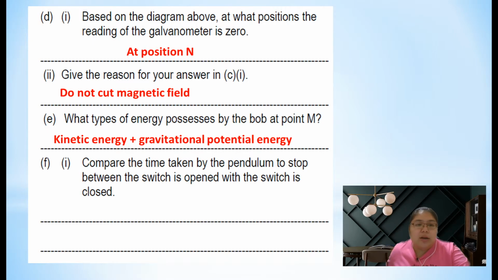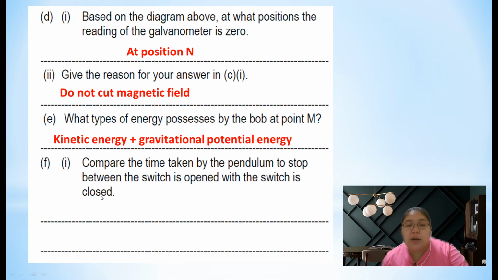Okay, compare the time taken by the pendulum to stop. Now we compare the time taken by the pendulum to stop between when the switch is open and when the switch is closed. That means you need to compare the time taken. Okay, when you open, then when you close. What happened to the pendulum bob? Normally we just swing the pendulum bob, then it stops, is it?